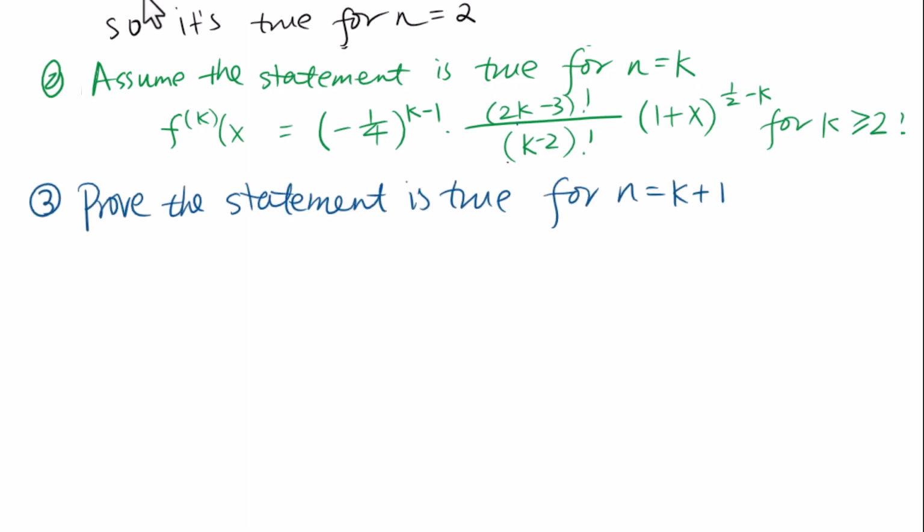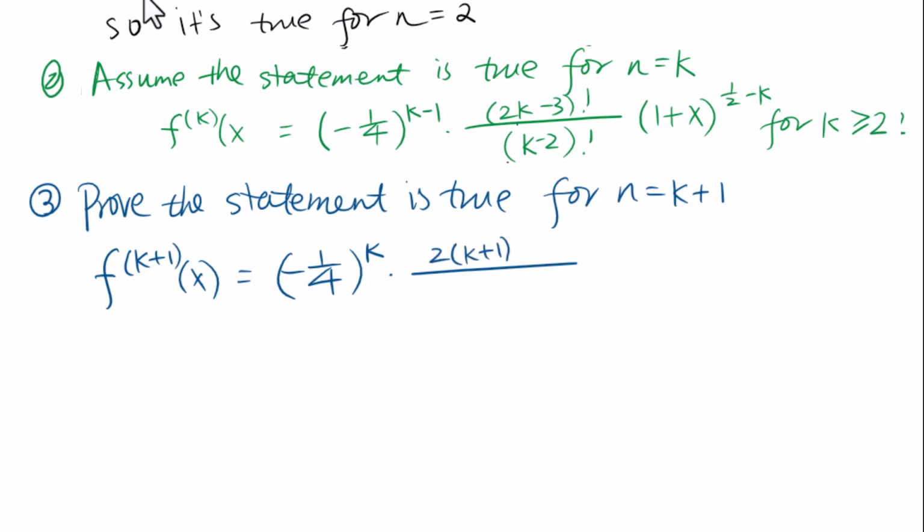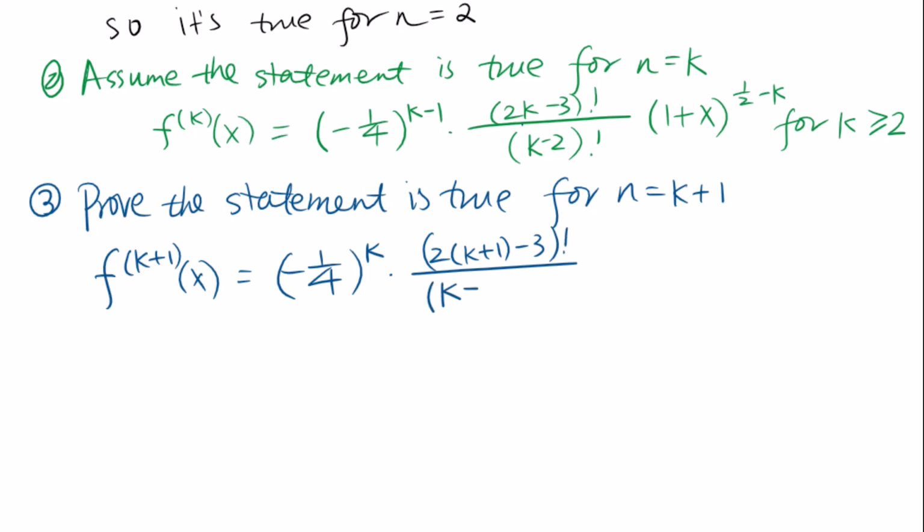We will change every single k into k plus 1. -1 over 4, k plus 1 minus 1 will be k, times 2 times k plus 1 minus 3 factorial, over k plus 1 minus 2 factorial, times 1 plus x to the 1/2 minus k plus 1.